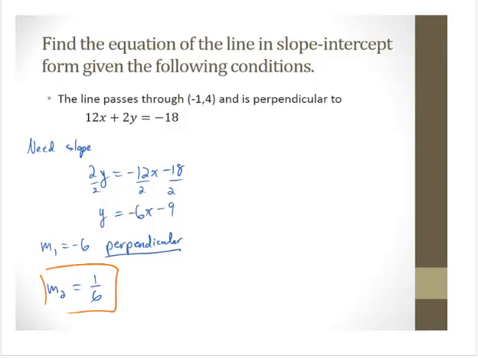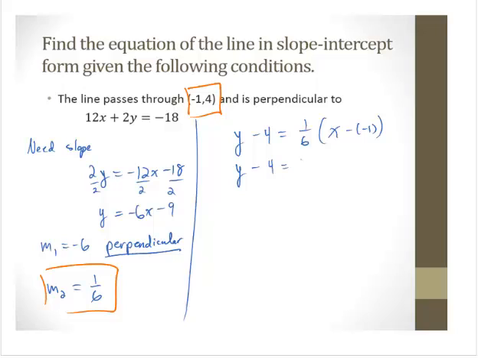So now I have a slope, I have a point. I'll write a point slope form. Y minus 4 is 1/6 of x minus negative 1. So y minus 4 is 1/6 of x plus 1.